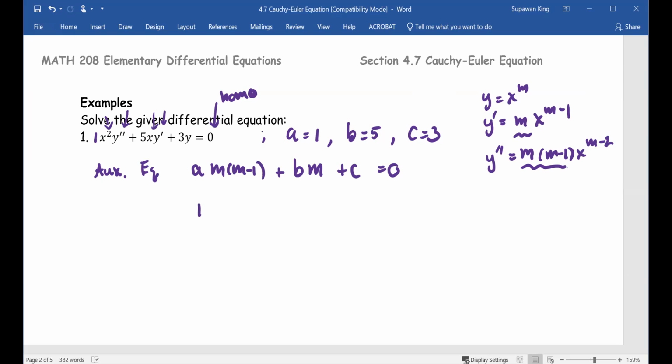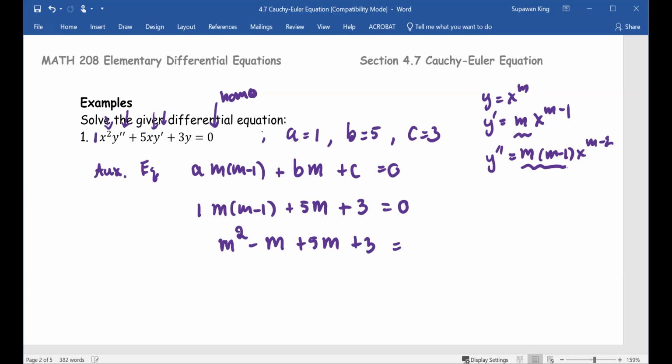So a is 1 times m minus 1, and b is 5, so 5 times m, and then plus c, which is 3, equals 0. You have the equation of power 2, or the quadratic equation. What you would do after this is expand it a little bit to see the normal quadratic equation. So we have m squared minus m plus 5m plus 3 equals 0, or m squared plus 4m plus 3 equals 0.